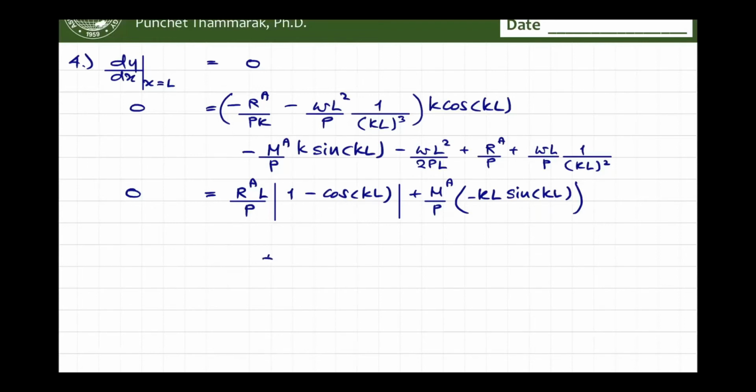So plus WL square over P. First one over KL square, and then the second one minus a half WL square over P, and the third one minus cosine KL divided by KL square.